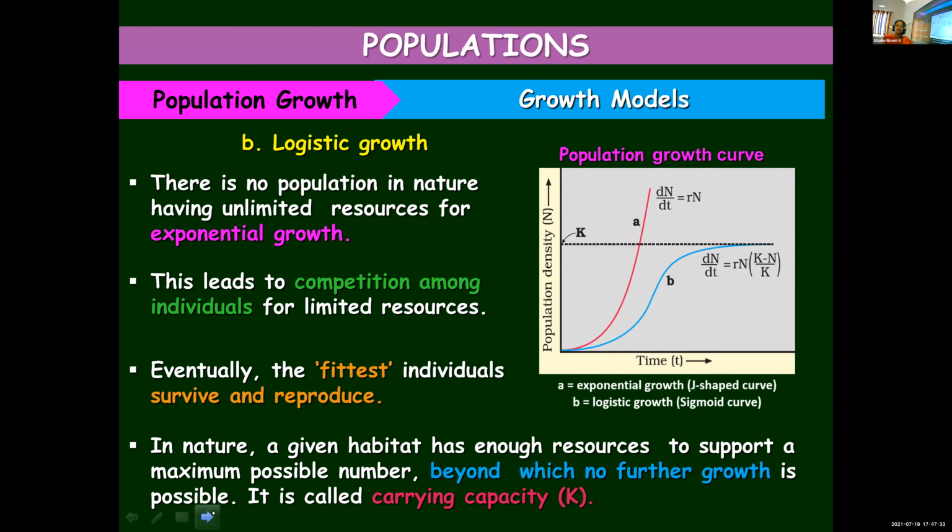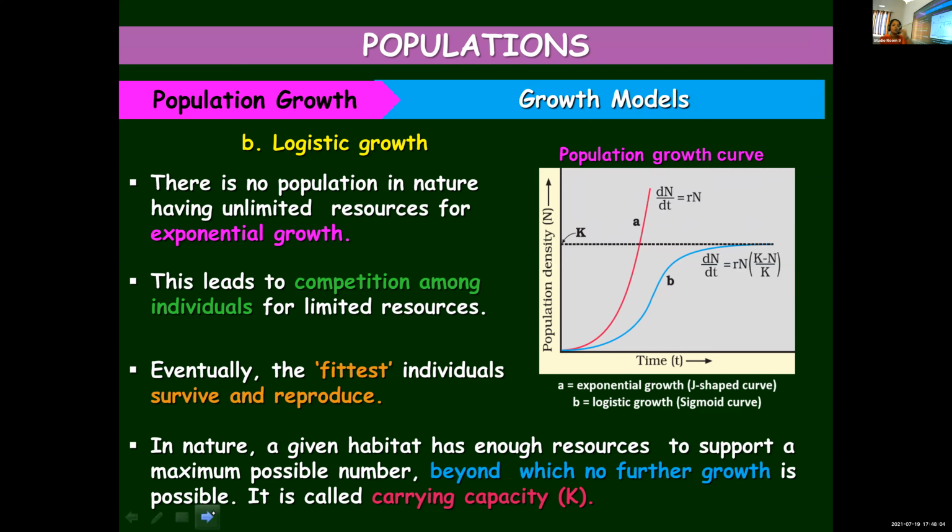In the first case, we discussed the exponential growth model where the population keeps on increasing at an exponential rate. But as the resources are limited, and nowhere can you find unlimited resources, the population will actually grow in a logistic growth pattern. When the resources become limited, there will be competition among the organisms for the same.